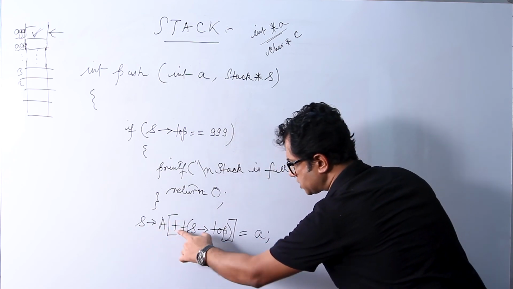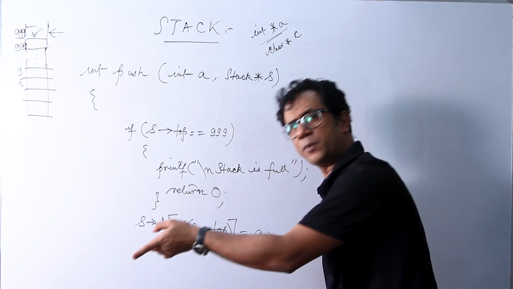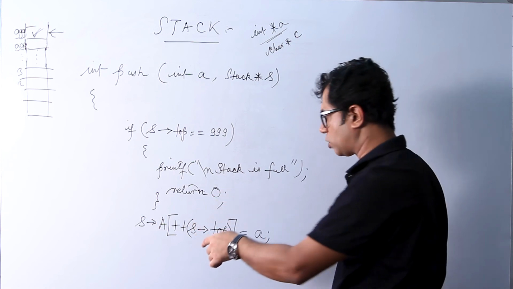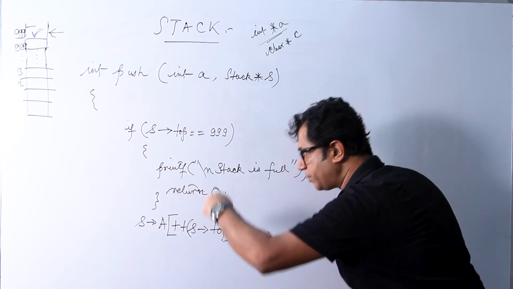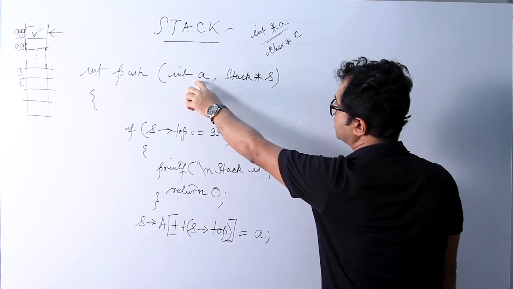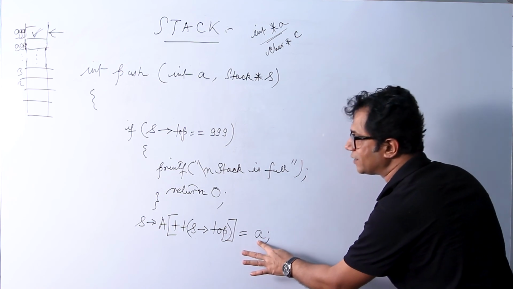The plus plus before this S arrow top means we are performing the pre-increment operation, because in order to push an element we have to pre-increment the top. So we are incrementing the top first, creating a position, and then inserting whatever is to be inserted into the stack. So this is the new item which is to be inserted into the stack.